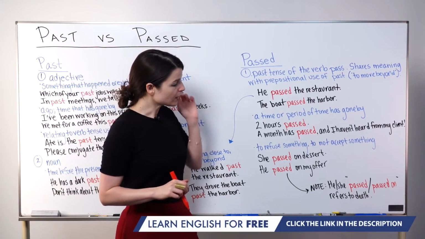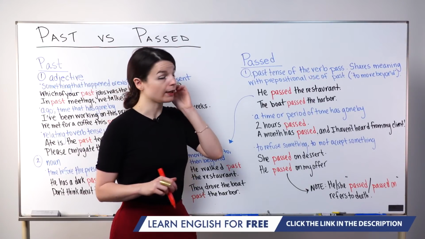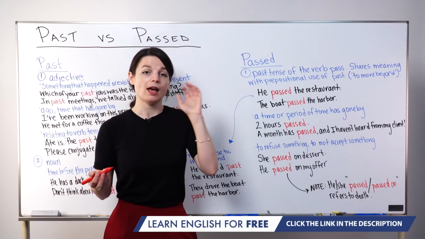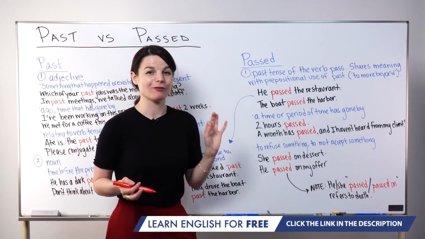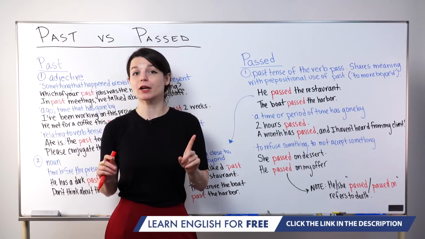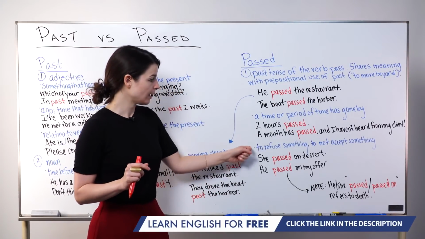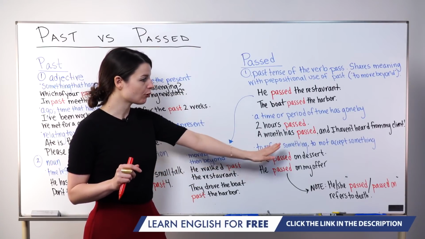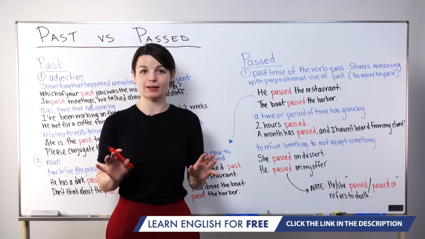Okay, I want to talk about a couple of other points about this verb, pass. Actually, there are many uses of the verb pass. I can't cover all of them in this lesson, but a very important point to note is this one, to refuse something or to not accept something.